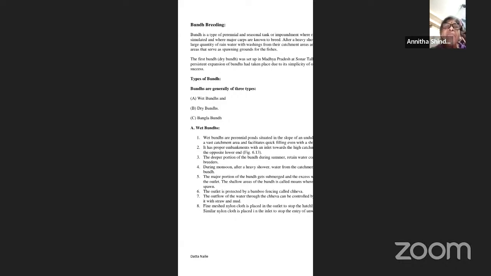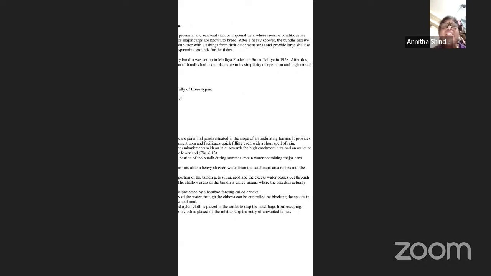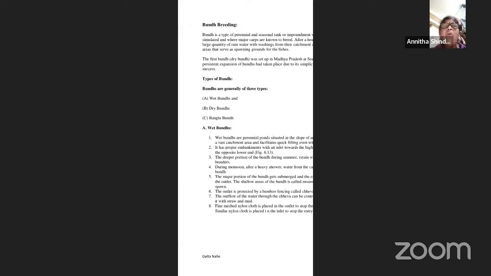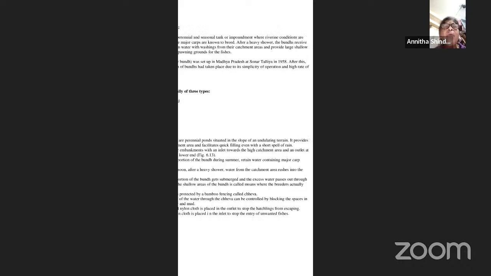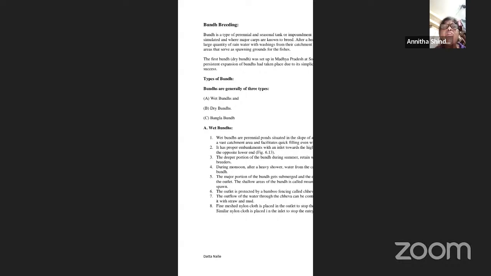After a heavy shower, the bunds receive a large quantity of rainwater with washings from their catchment areas and provide large shallow areas that serve as spawning grounds for the fishes.